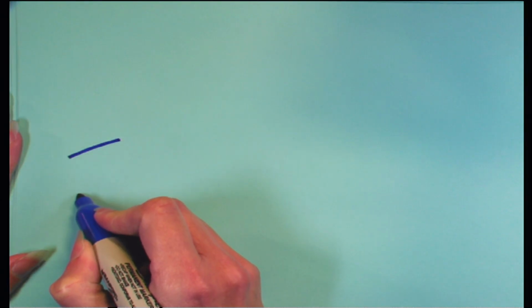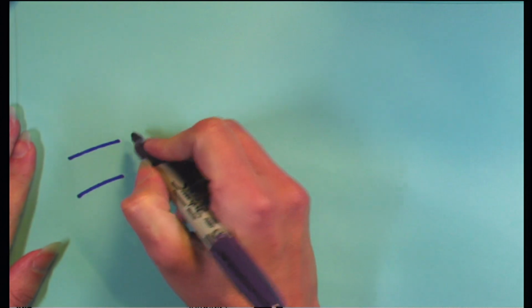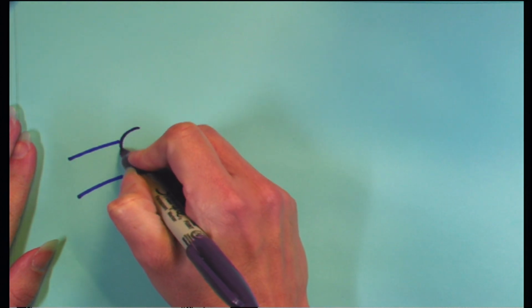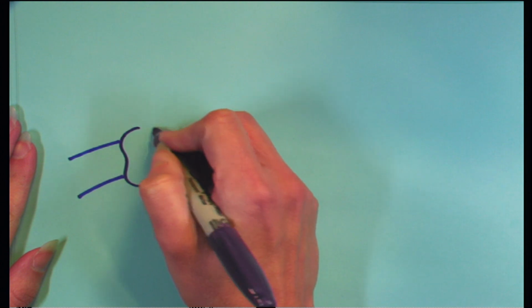Okay, so the first thing that we're going to draw is we're going to go ahead and draw part of our membrane. And in that membrane, I'm actually going to add a series of membrane transport proteins. In fact, I'm going to add 4 of them. And I'm using the purple to show this.